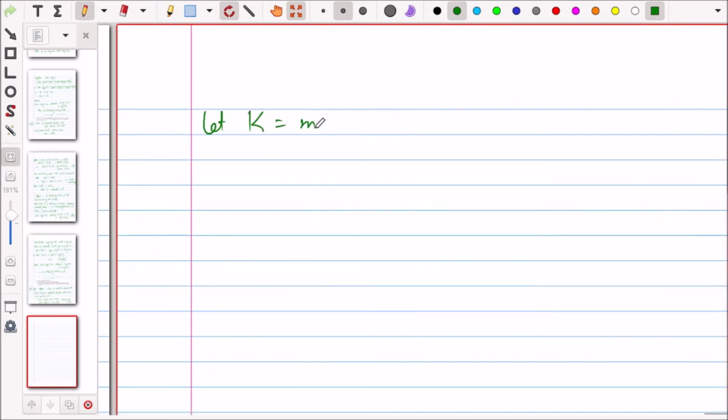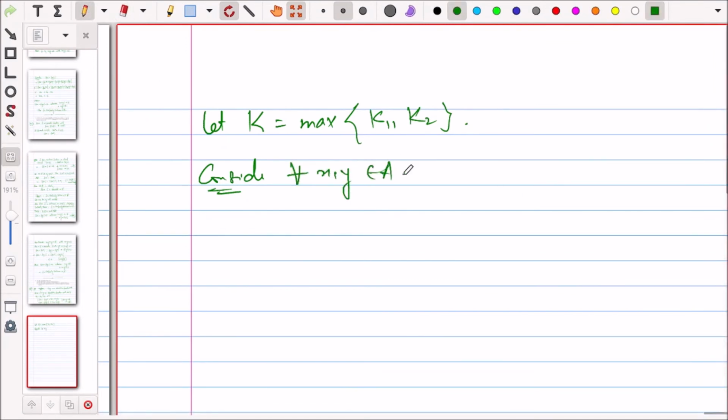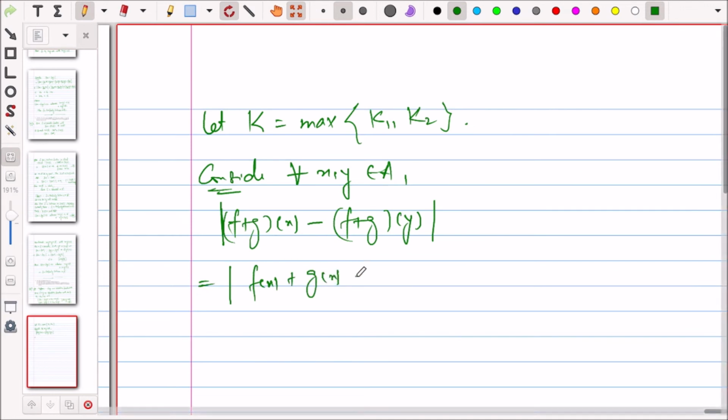Now let k equal the maximum of k1, k2, and consider, for all x, y belonging to A, |(f plus g)(x) minus (f plus g)(y)|. So we are starting with these two. This is nothing but |f(x) plus g(x) minus f(y) minus g(y)|.